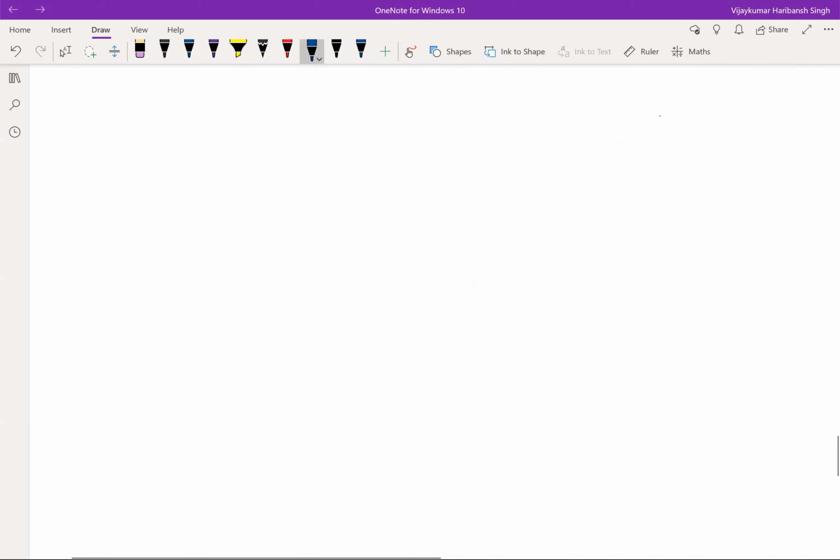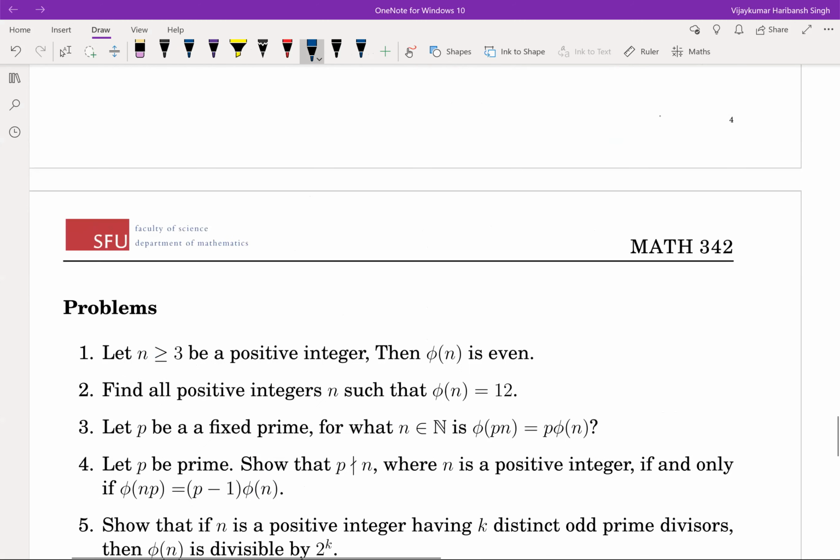Now there are a few more results, a few more problems. First problem: if n is greater than or equal to 3 is a positive integer, then phi of n is always even. That can be seen easily by the following.